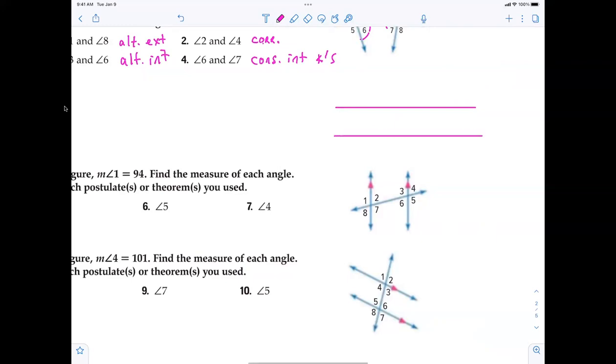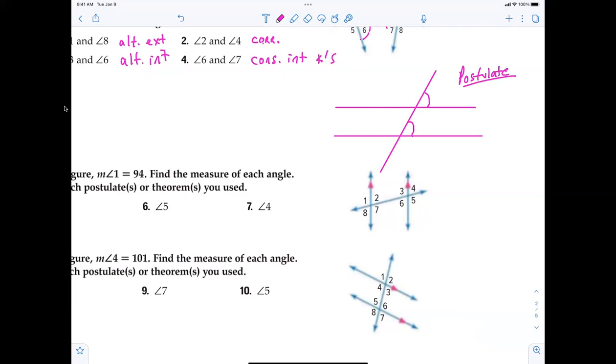Here are 2 lines cut by a transversal. We are going to say that the corresponding angles are congruent, and that's going to be considered a what? That's a postulate. So it's called the corresponding angle postulate.